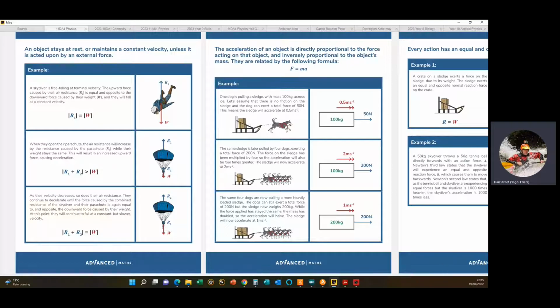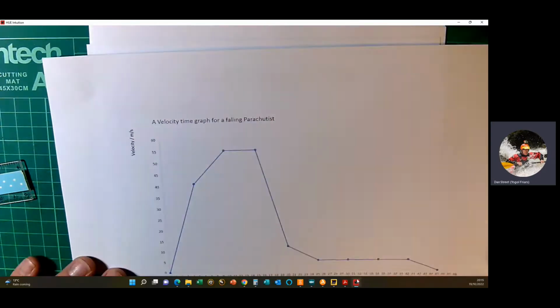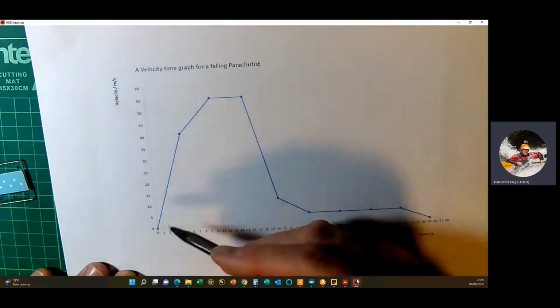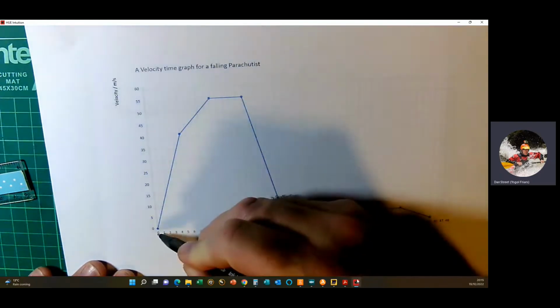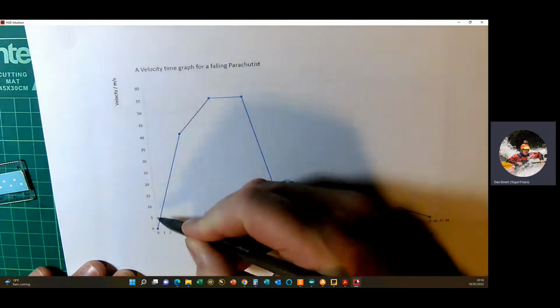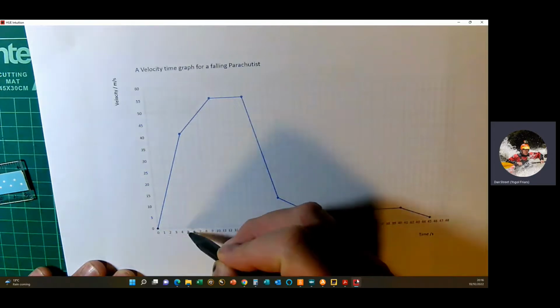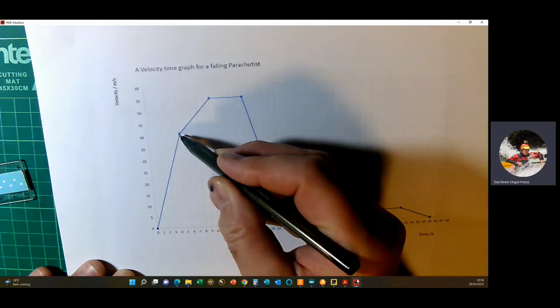Okay, now to illustrate that, we'll go back to our graph that we've looked at a few times now, and we'll just have a look at a few phases of this, and we'll consider these phases in terms of balanced or unbalanced force diagrams. So at this point in the graph here, okay, his velocity starts off at 0, and over a period of 5 seconds it increases to 41 meters per second.